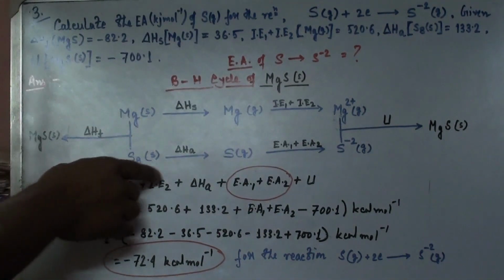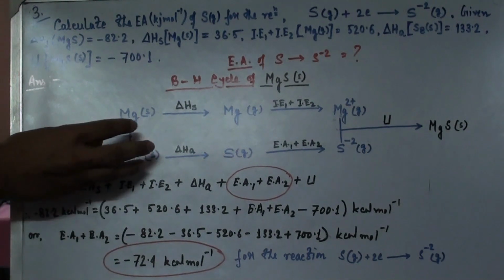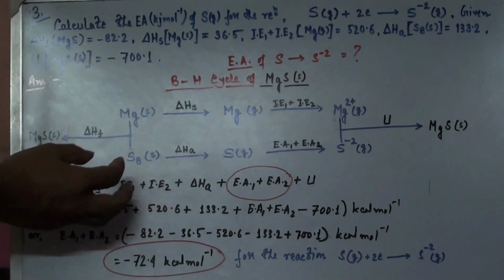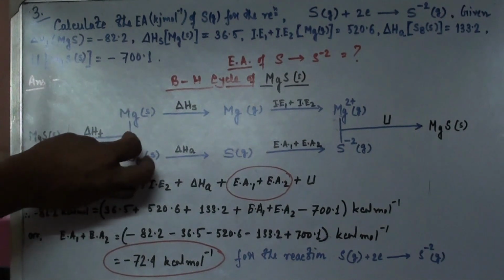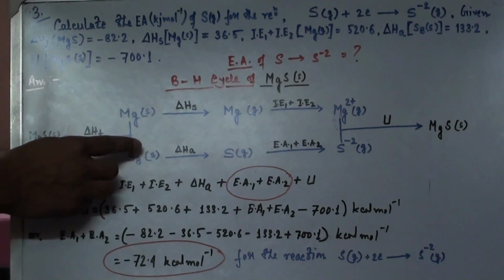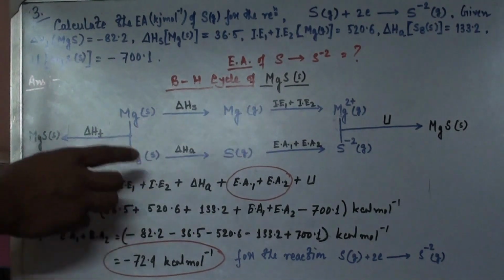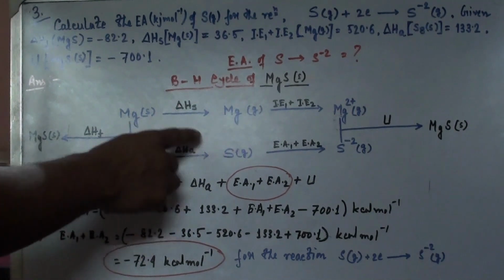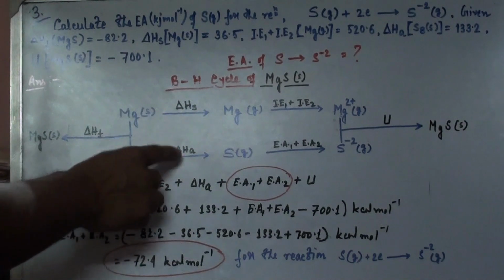Now here is an interesting feature: sulfur is present as a solid. We know 8 sulfur atoms accumulate together to form the S8 lattice of sulfur. From S8 to sulfur gas, this process is called the atomization process. So the energy involved in this process is called delta H atomization, where delta H A means atomization.